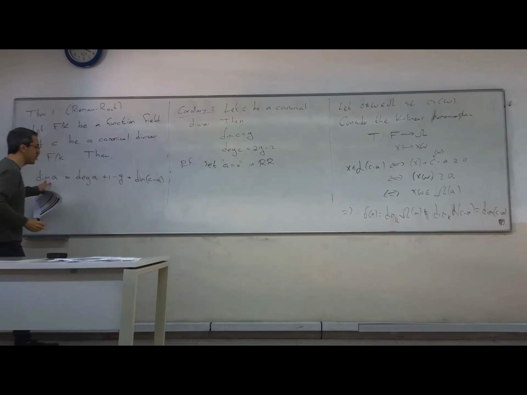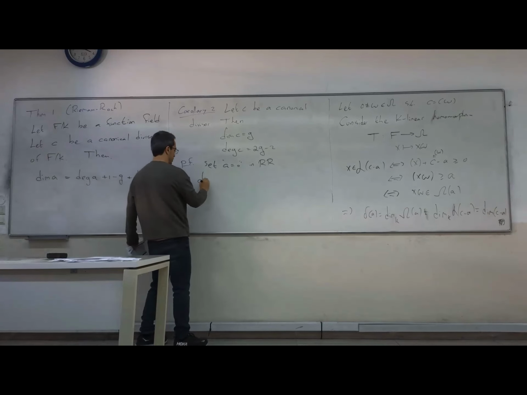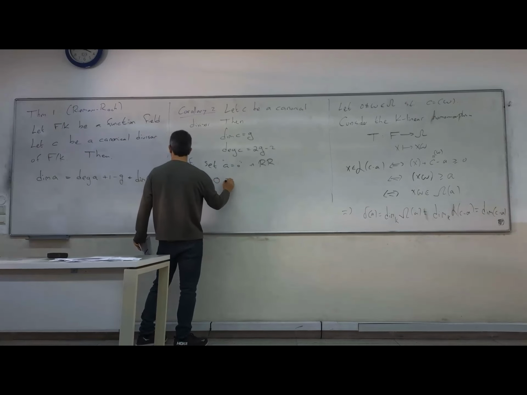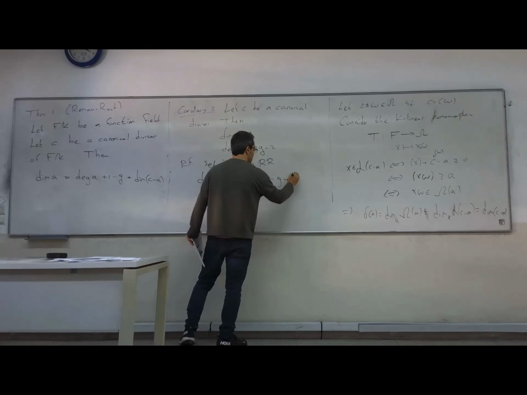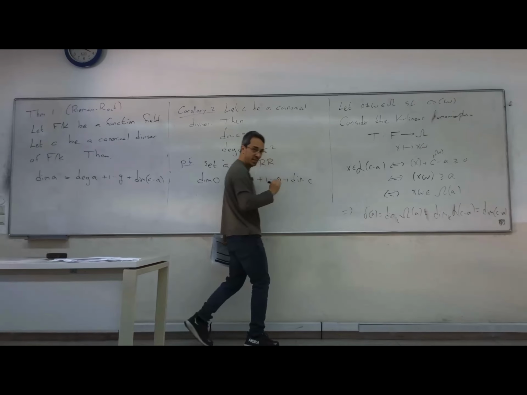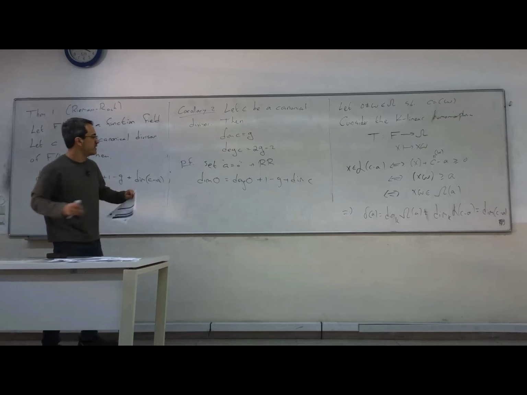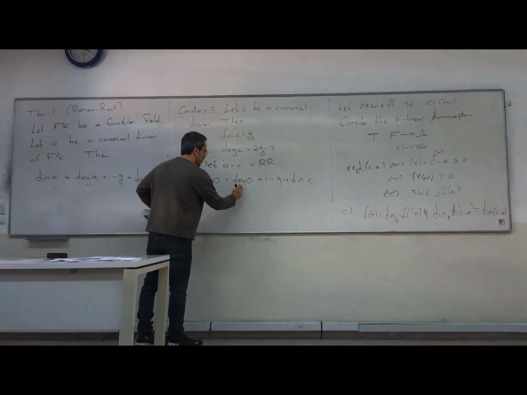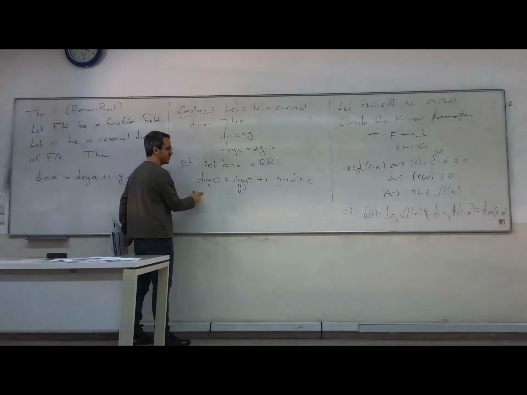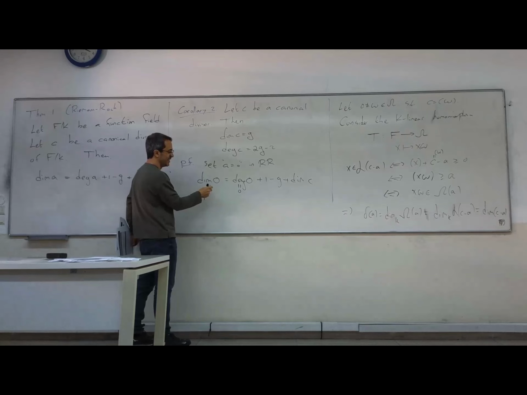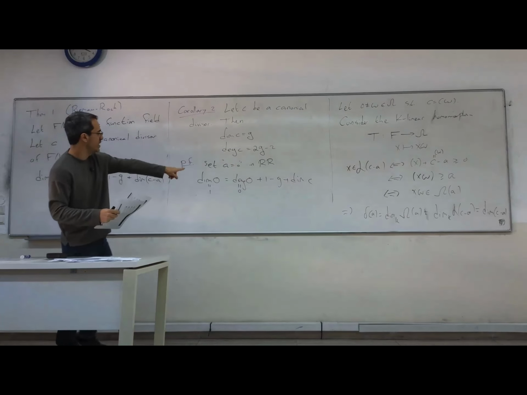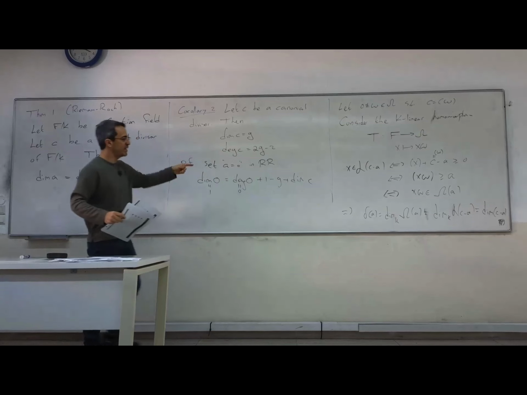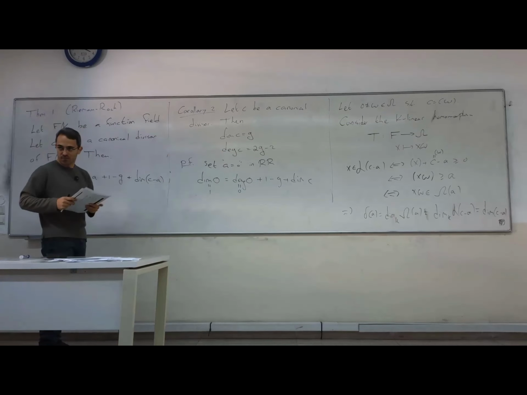You get the dimension of 0 is the degree of 0 plus 1 minus G plus the dimension of C minus 0, which is just C. The degree of 0 is 0. The dimension of 0 is, for fun, 1. So the 1 cancels, G goes to the other side, and you see the dimension of C is G.